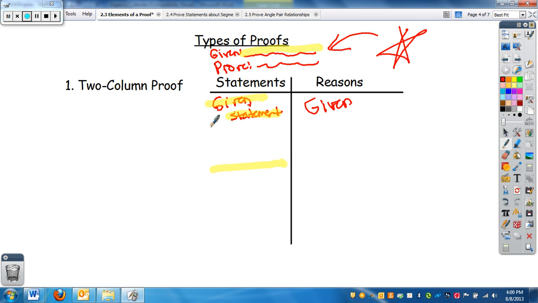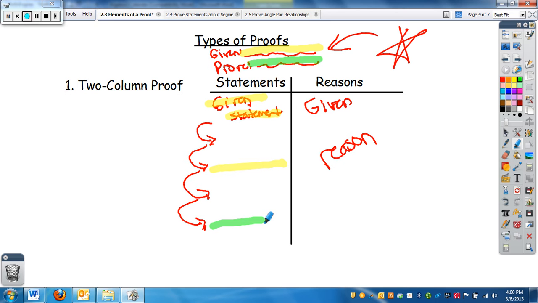And then you're just going to do a series of steps where you think, I know this because of this, I know this because of that, I know that because of that. And then you have your reasons over here, your theorems, your postulates, until finally, the last thing you write down is the statement that is written here.